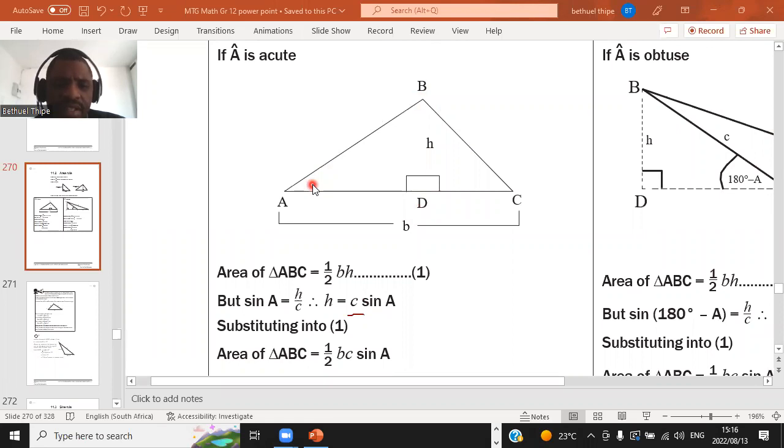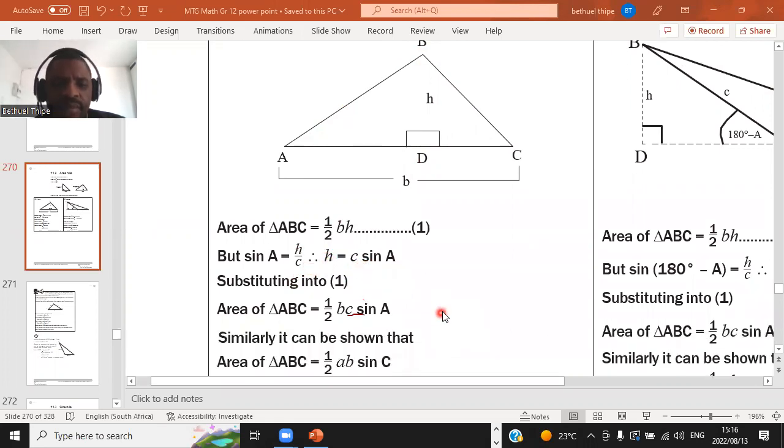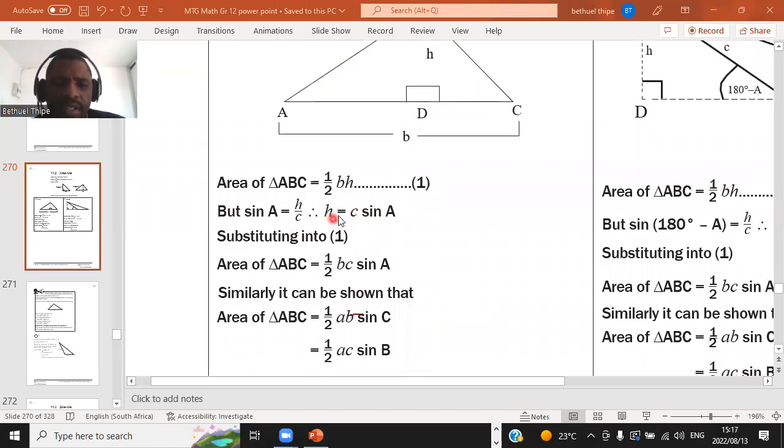That's sine A, which is H over c. Then we made H the subject of the formula to obtain H equals c sin A. Then we substituted H back into this formula here. That is why we obtain half of b c sin A.